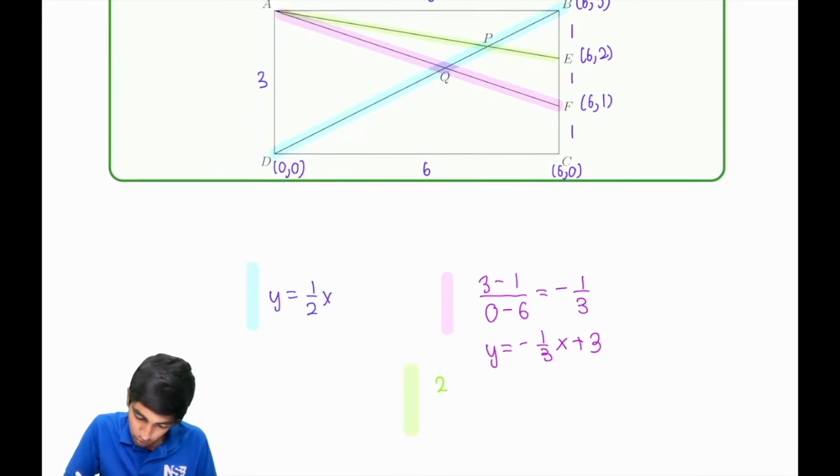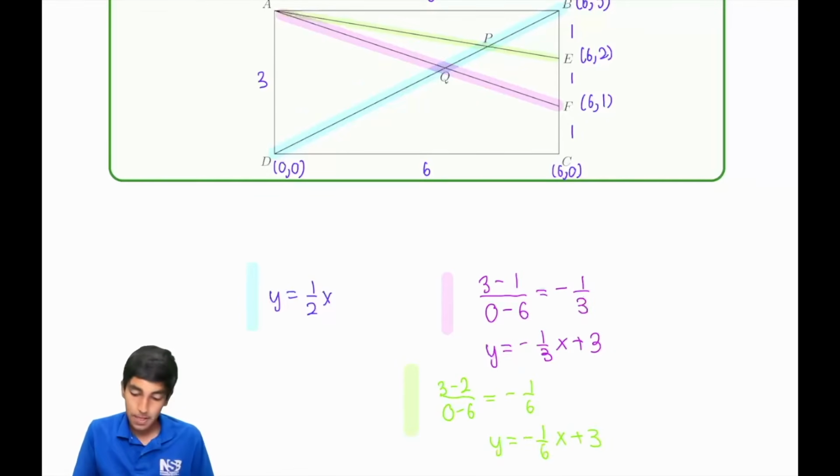The slope is 3 minus 2 over 0 minus 6, negative 1/6. So our equation is just y equals minus 1/6 x plus 3. And now we just do algebra.